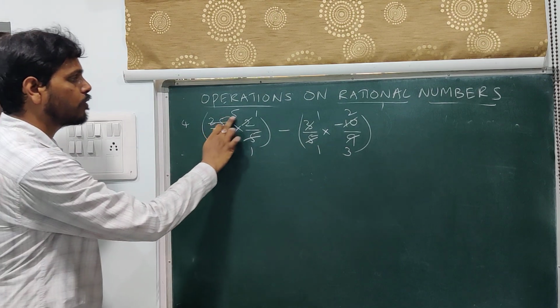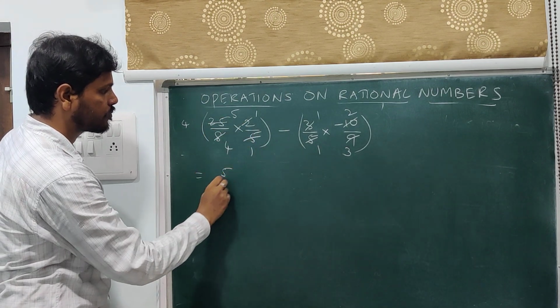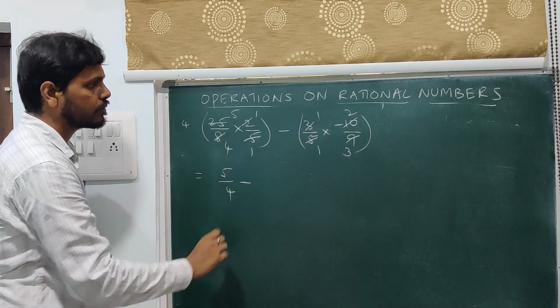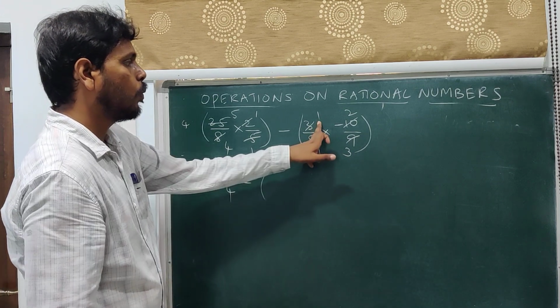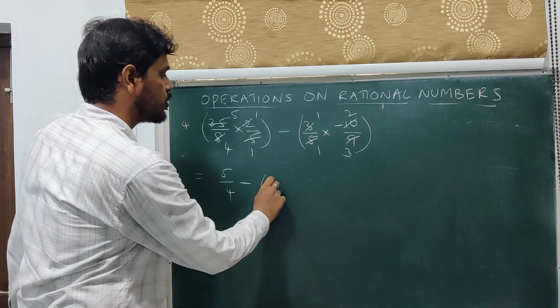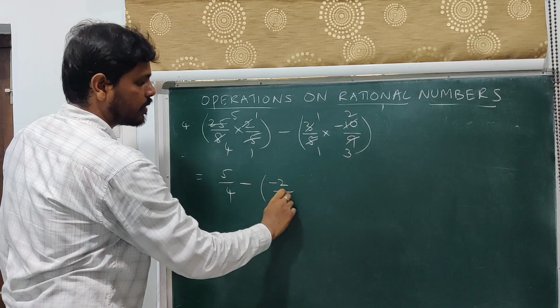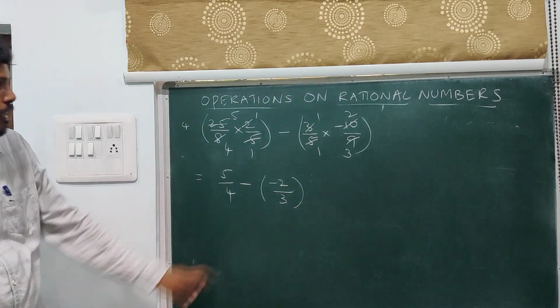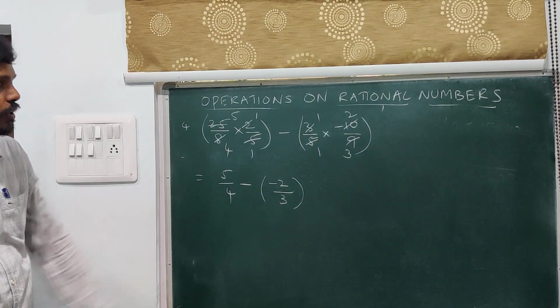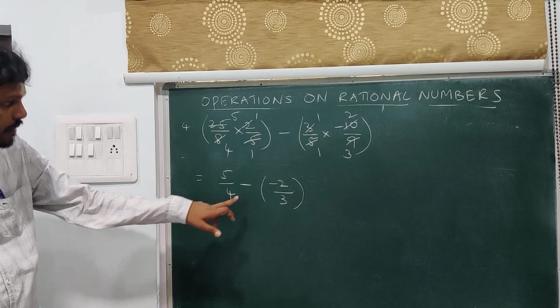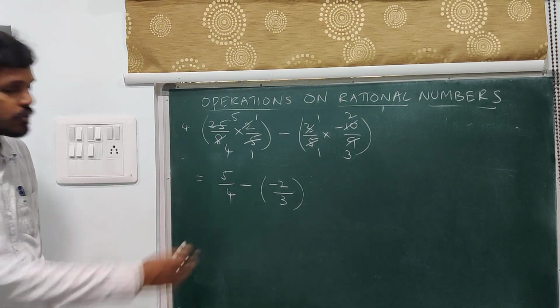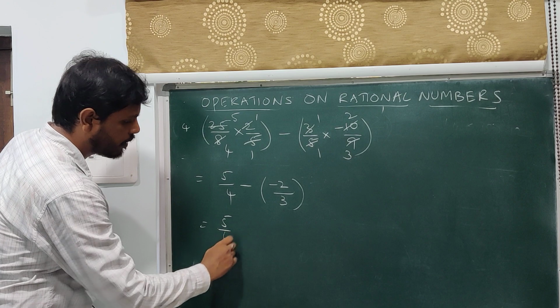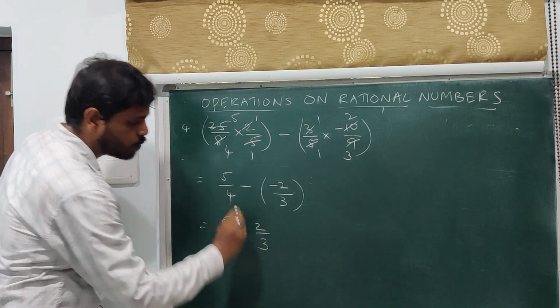Now multiply that. 5 into 1 is 5, 4 into 1 is 4, minus 1 into minus 2. 1 into minus 2 is minus 2, 1 into 3 is 3. Now minus into minus is plus, so we write 5 by 4 plus 2 by 3.